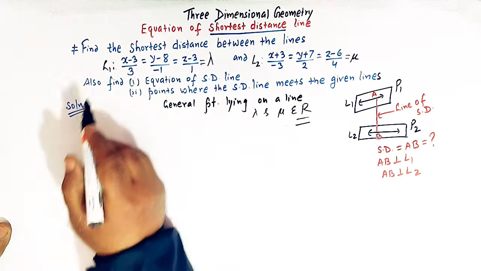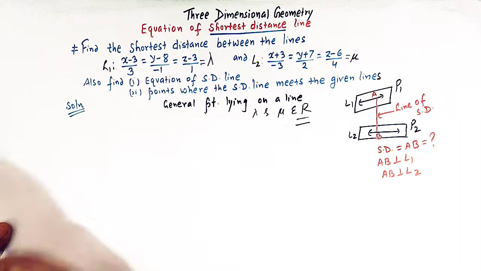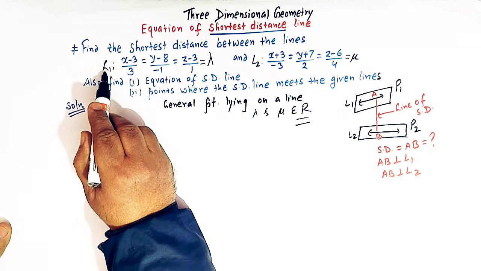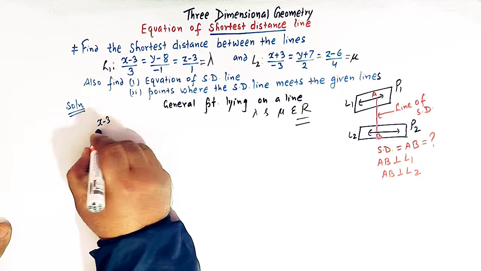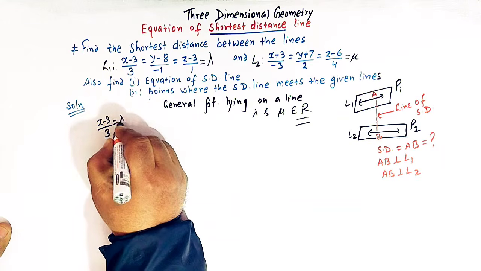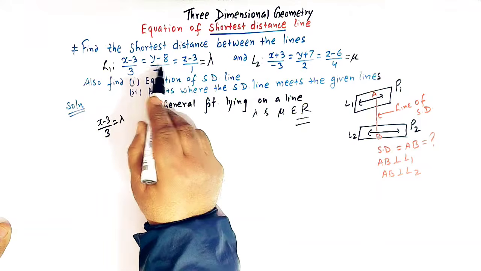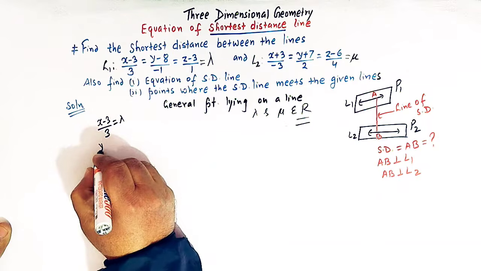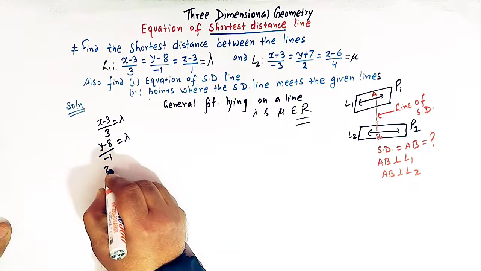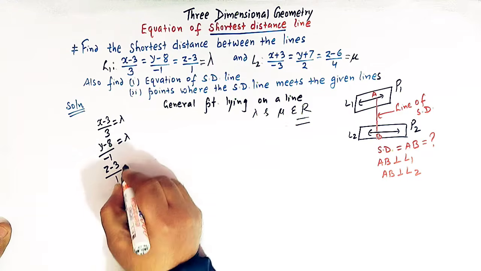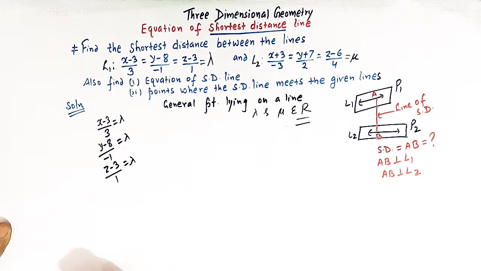Let us find the coordinates of the general point lying on line L1. We have (x minus 3) over 3 equal to lambda. We'll frame three equations here. Then (y minus 8) over minus 1 is equal to lambda, and (z minus 3) over 1 is equal to lambda.